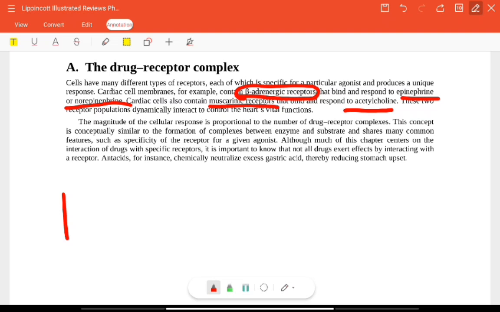Now, the magnitude is dependent on the drug receptor complexes. This concept is similar to the coupling between enzyme and substrate that we used to study, an example of the lock and key mechanism. There is also the example of antacids, which chemically neutralize excess gastric acid.